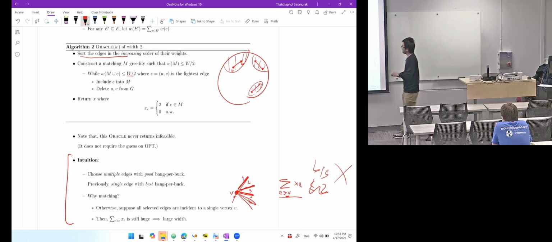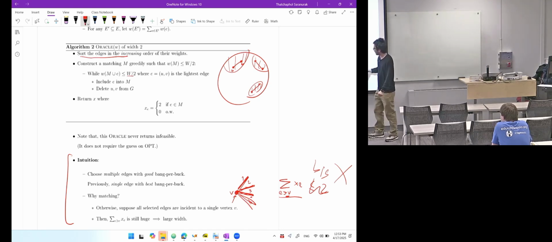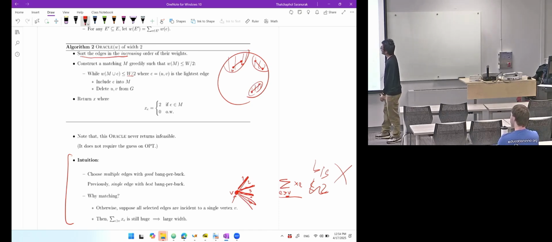But if the set of edges that I pick forms a matching, then you see that this is going to be at most 2. You see this? Okay. So if we want the width to be small, we should choose a matching, or at least choose it such that the set of edges has a small degree, like each node is not incident to many edges that we pick.